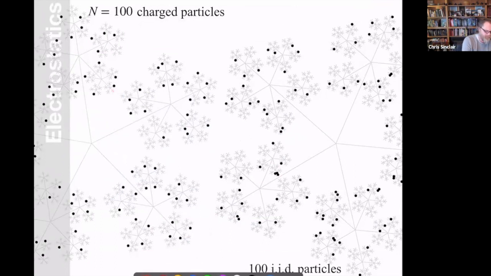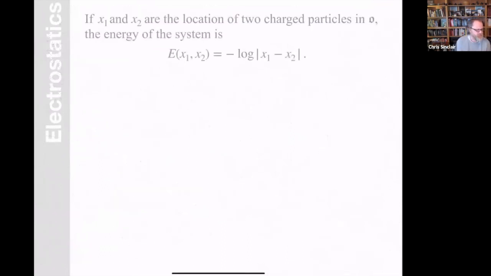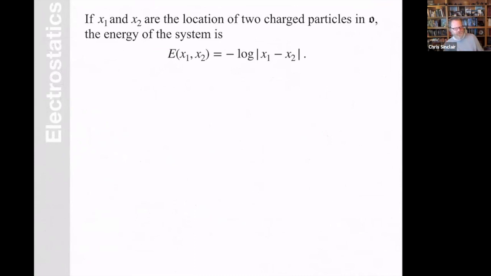At any rate, the setup is just as Joe set us up. If I take x1 and x2 to be the locations of two charged particles, and I'm assuming that the charges on the particles are the same, then the energy of the system is going to be given by the negative log of the p-adic absolute distance between the particles.